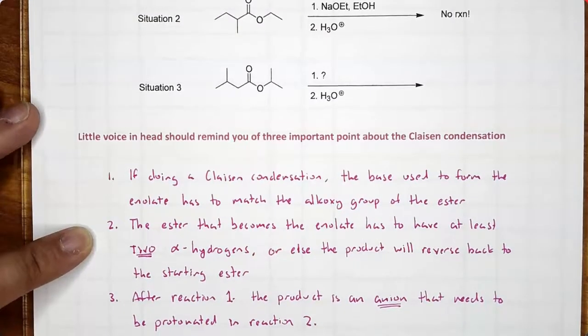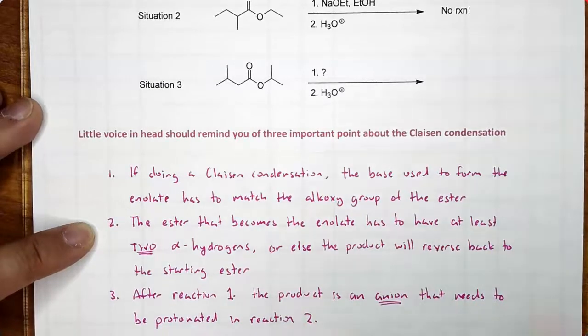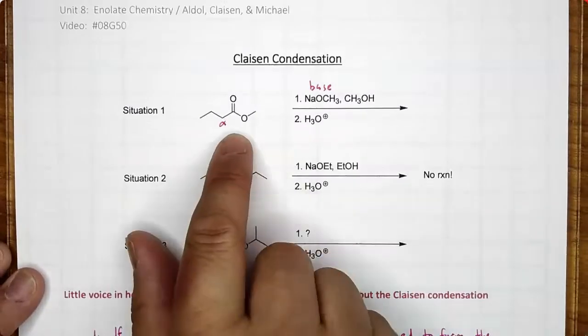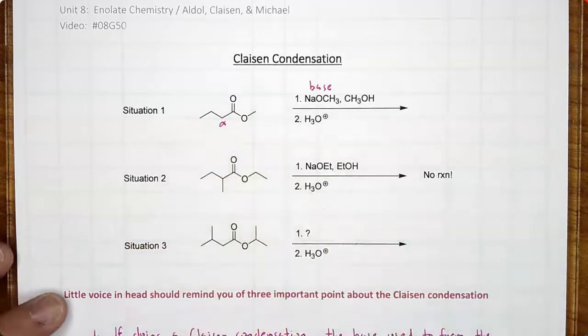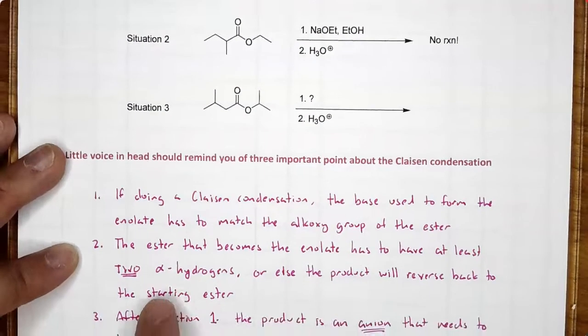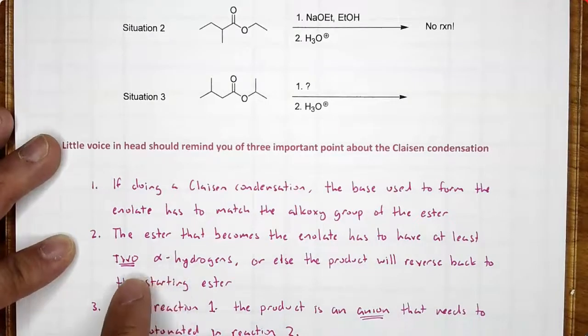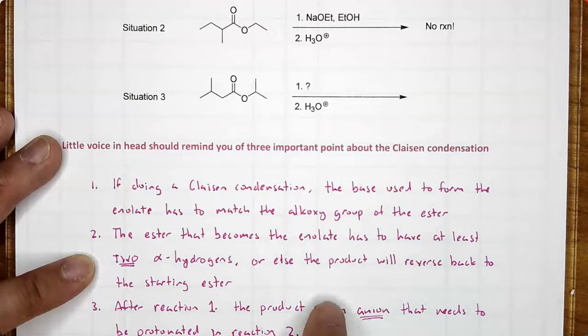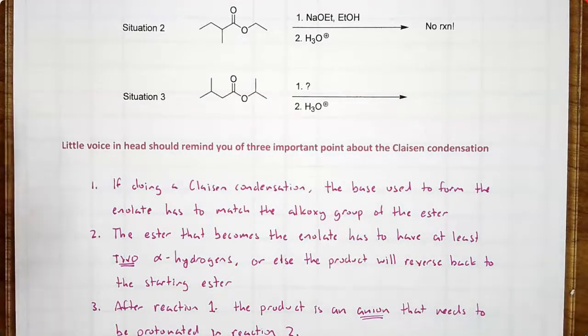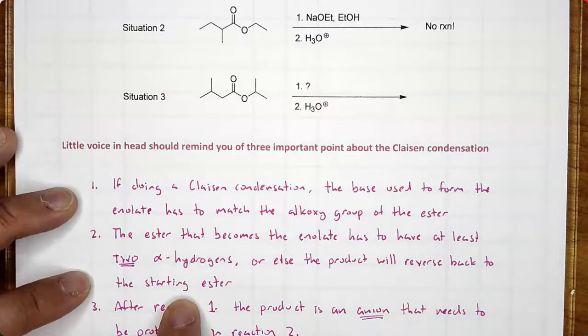Number 2, the ester that becomes the enolate, and here we only have one ester, so this will become the enolate, some of it, right? Just like in the aldol reaction, some of it becomes the enolate. Well, anyway, that ester has to have at least 2 alpha hydrogens. If it only has 1, then the product that you make, the Claisen product, will actually reverse back to the starting ester.